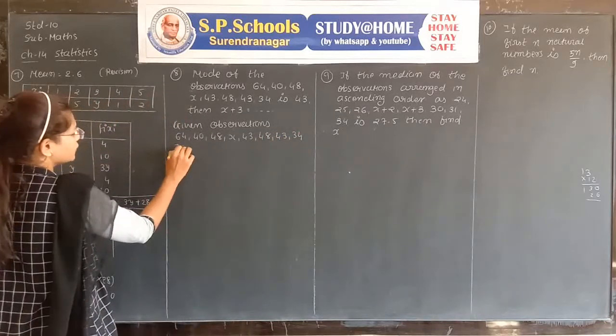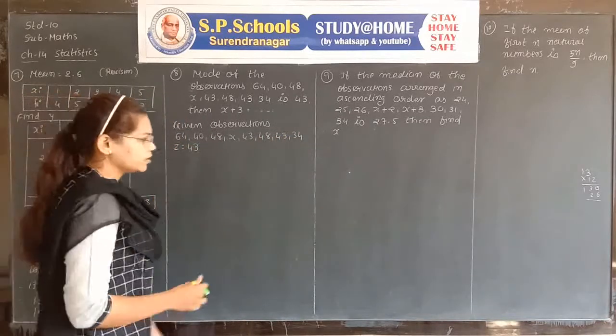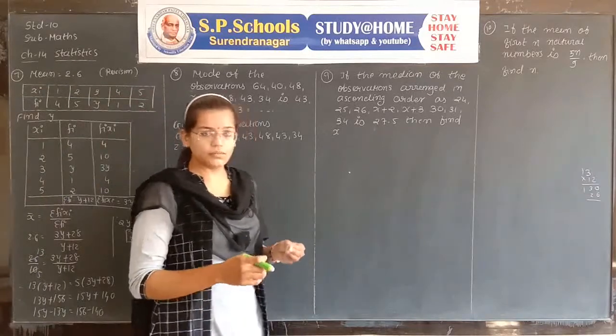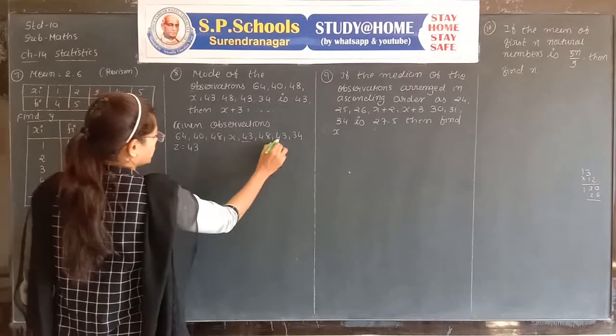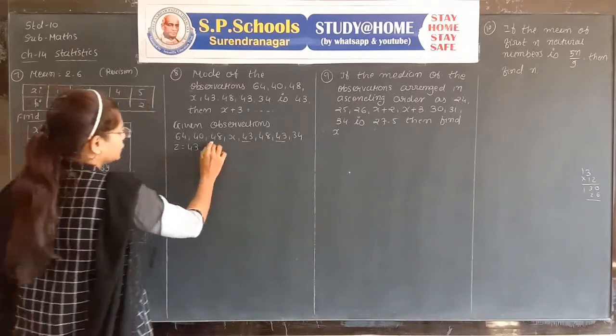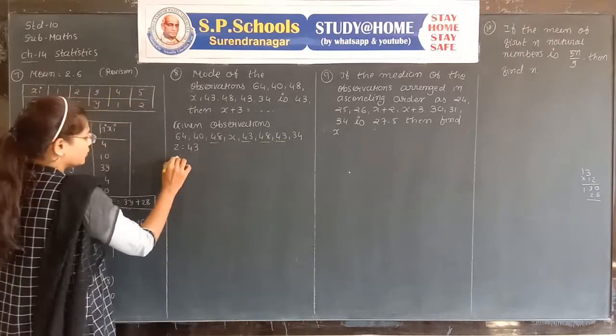Now mode is given as 43. As we know, mode is the most frequently occurring observation. The 43 comes 2 times and the 48 comes 2 times.